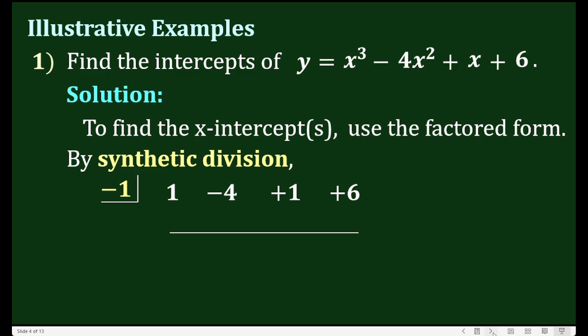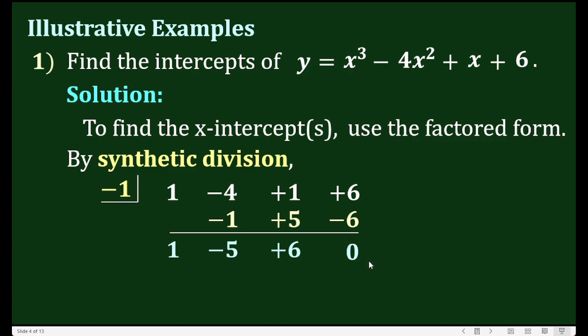Then we carry out the synthetic division. We bring down 1, multiplied by negative 1 is negative 1, added to negative 4, we have negative 5. Negative 5 times negative 1 gives positive 5, added to 1, we have positive 6. Positive 6 times negative 1 is negative 6, placed under positive 6, and adding these two results in a 0 remainder.